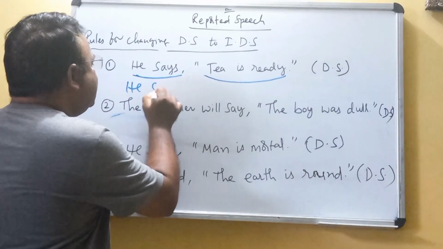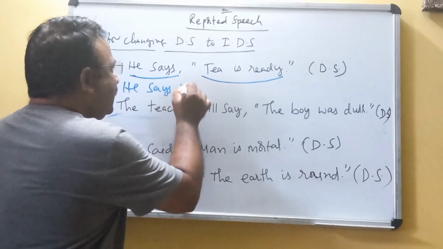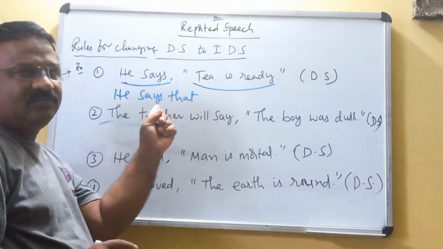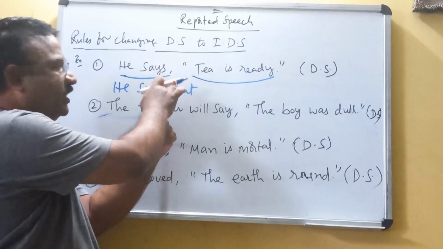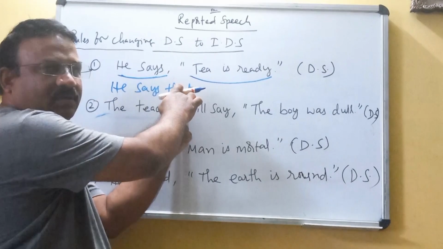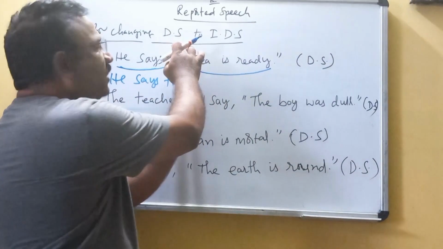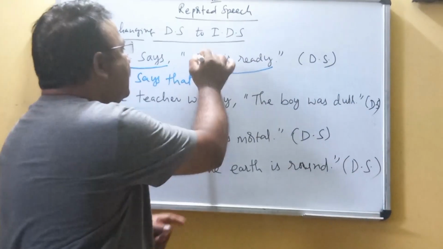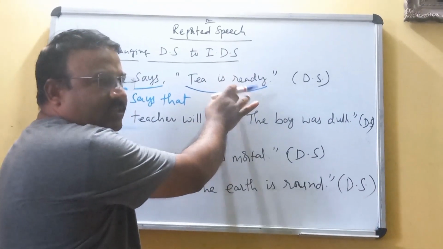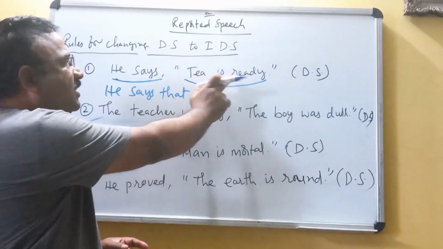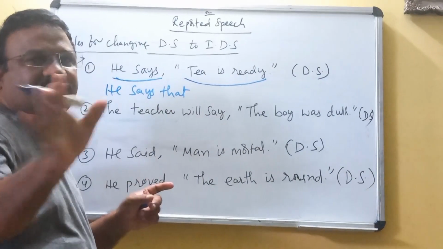He says that, okay. In indirect speech, what is the rule? We have to remove the comma and put the conjunction 'that', and we have to remove the inverted commas. When the reporting verb is present tense, the reported part is unchanged.